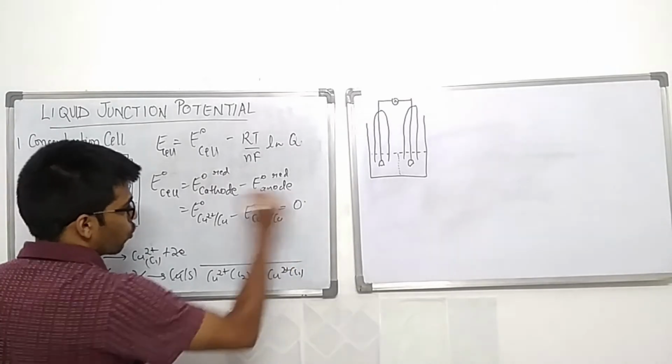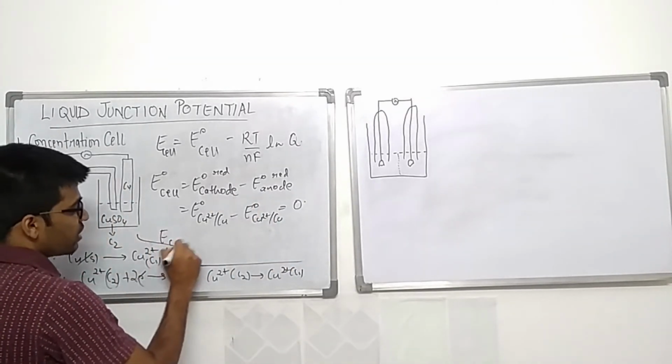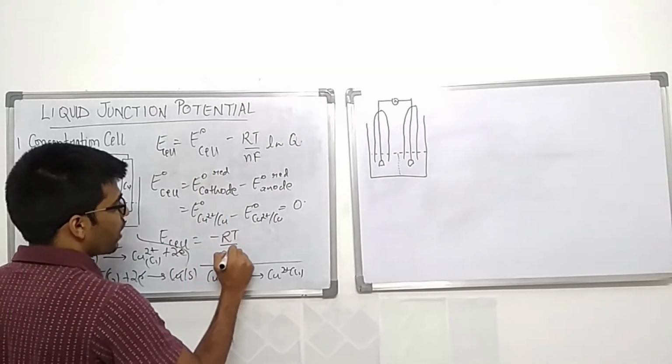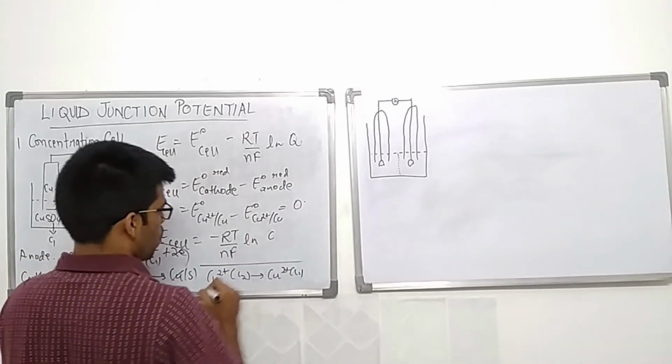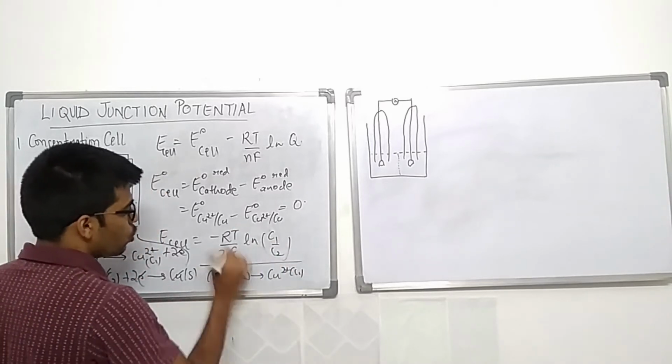That means this will be 0. So what do I have? E cell is equal to, this becomes 0, minus RT by nF ln C1 by C2. Now this n is 2.